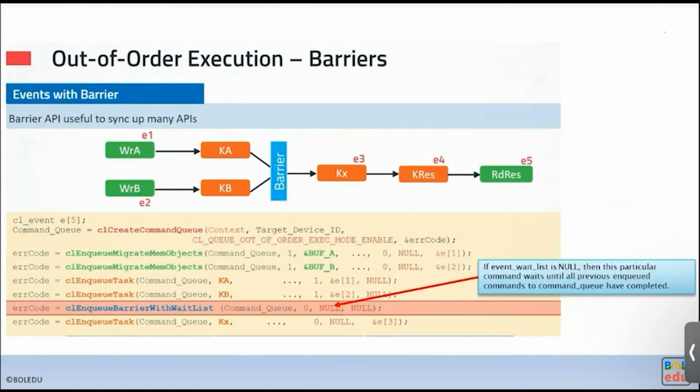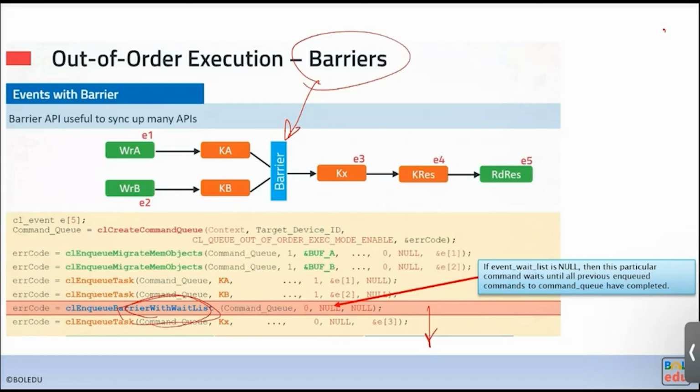Okay, another way is using a barrier. You can put a barrier here. The barrier says wait until all the command queue is flushed, or the previous events complete. Then it proceeds. So that's another way, using a barrier.